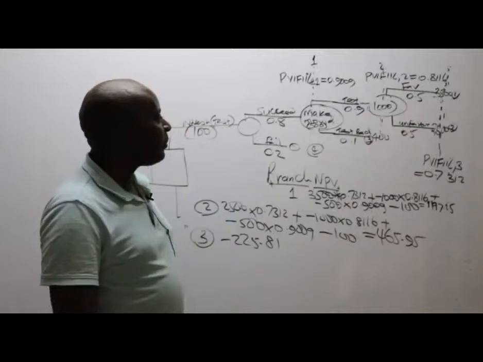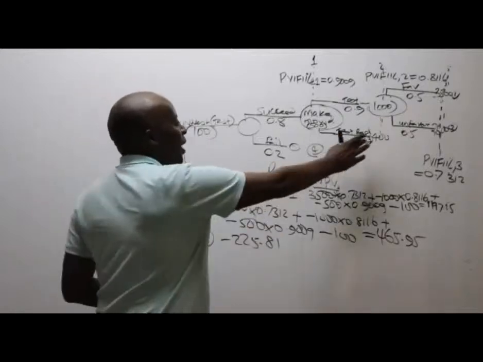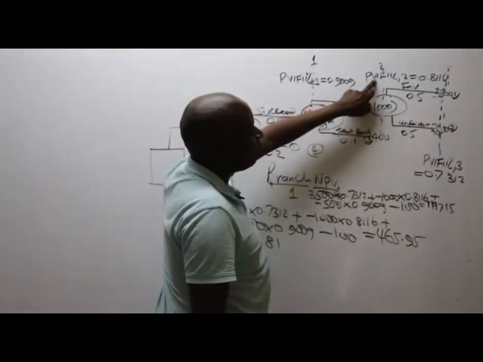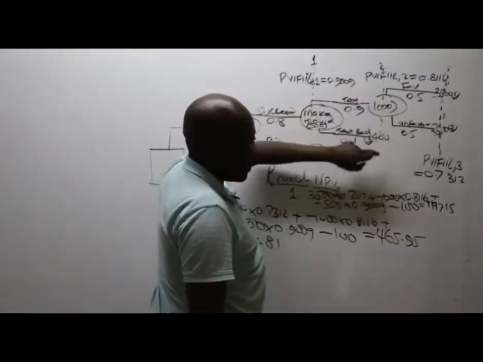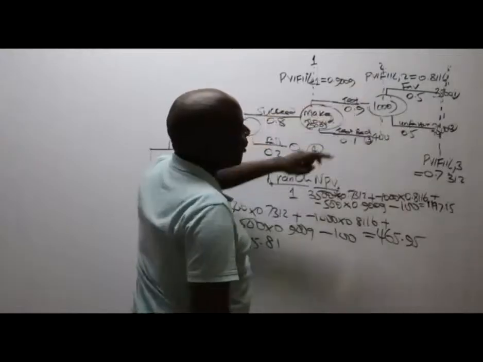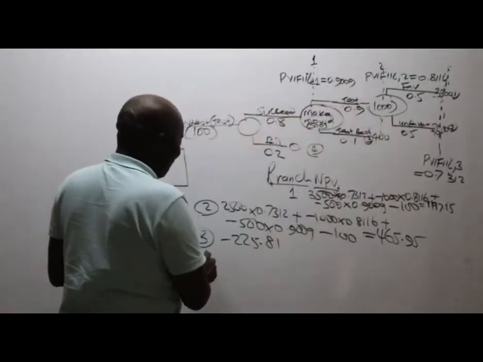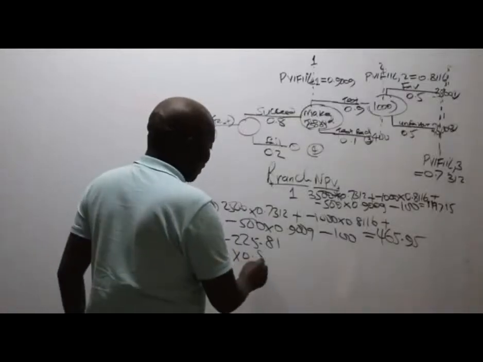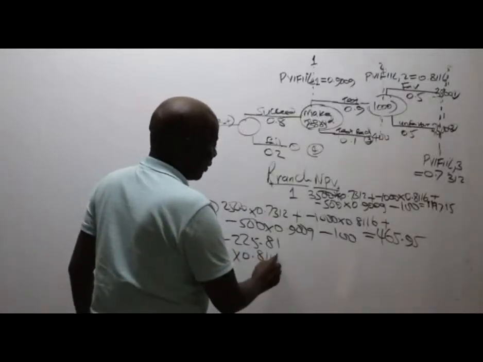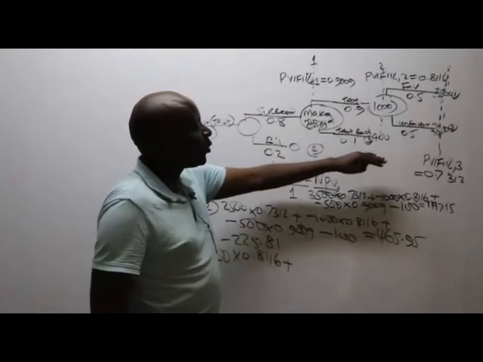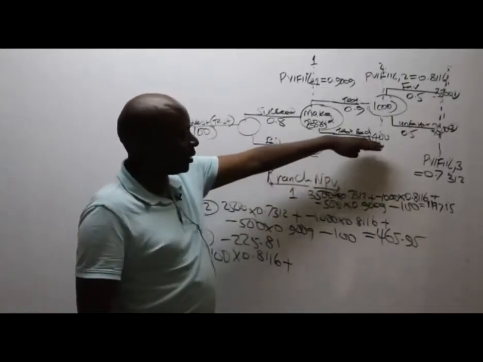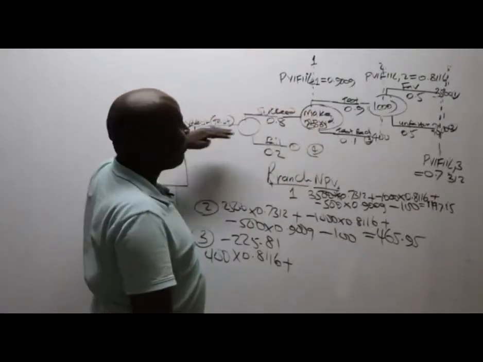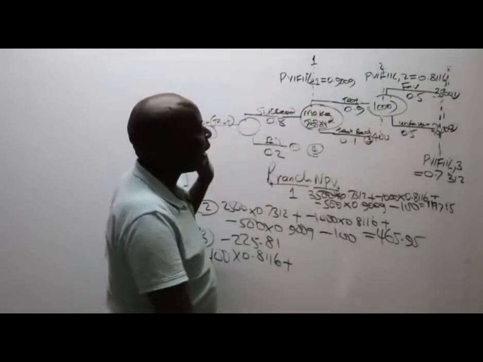So for branch number 3, where is branch number 3? It is here. Branch number 3, I can see the first figure is 400, whose discounting factor is up here for year 2. It's positive, remember, 400 times the discounting factor, which is 0.8116, plus, so long as you see yourself as a Subaru person, this is the road, you'll be able to see your cash flows, three of them.